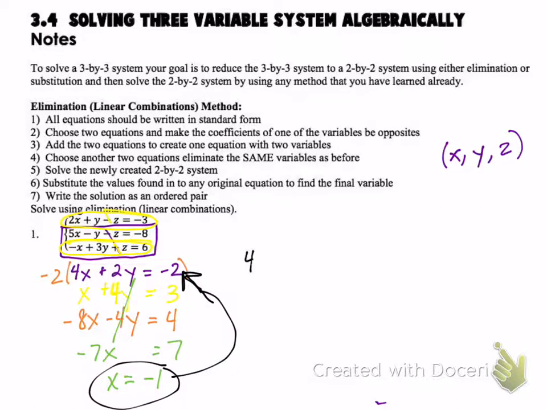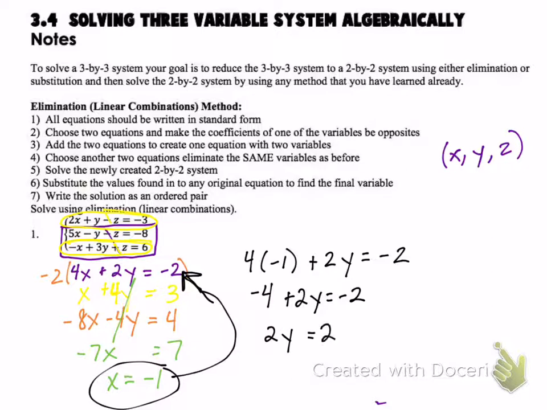So then I get 4 times negative 1 plus 2y equals negative 2. And I solve for y. So then y equals what? 1.